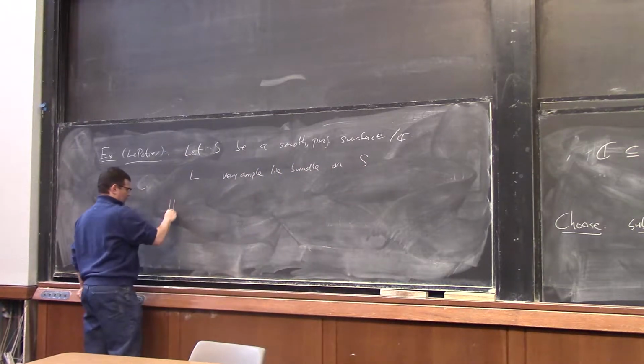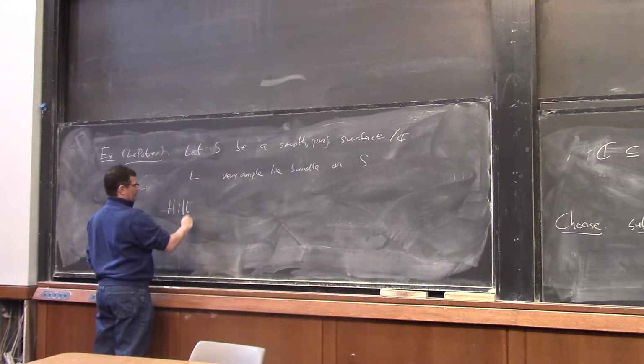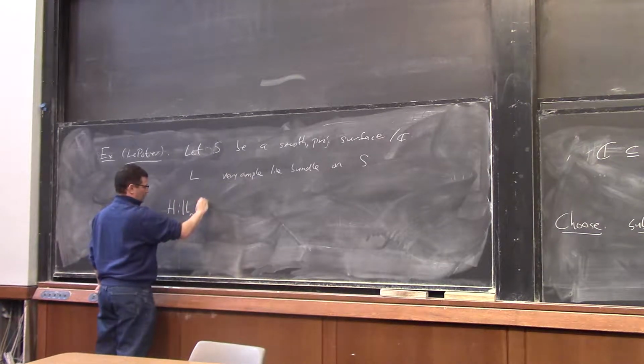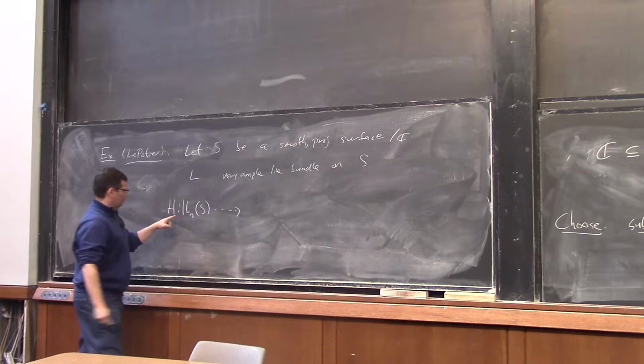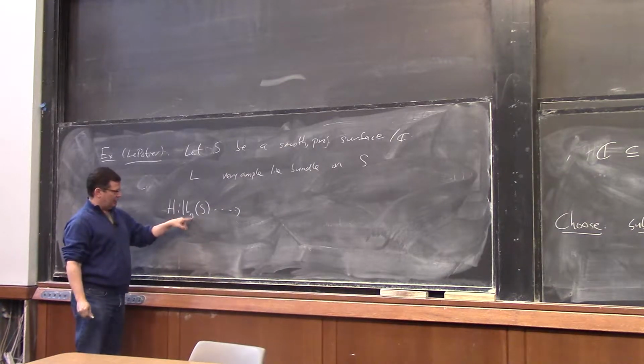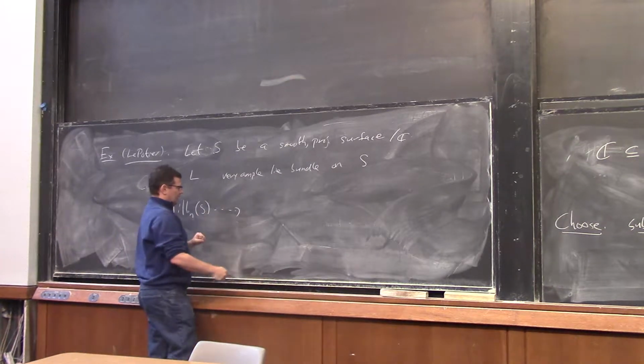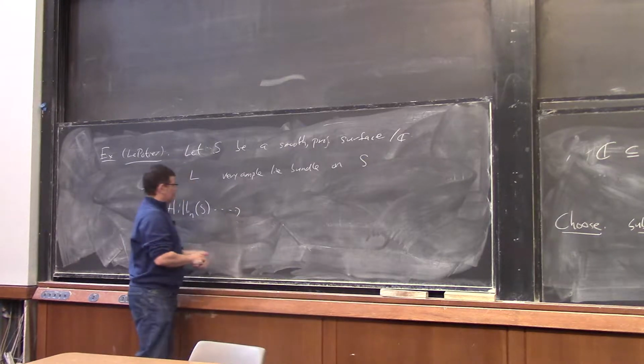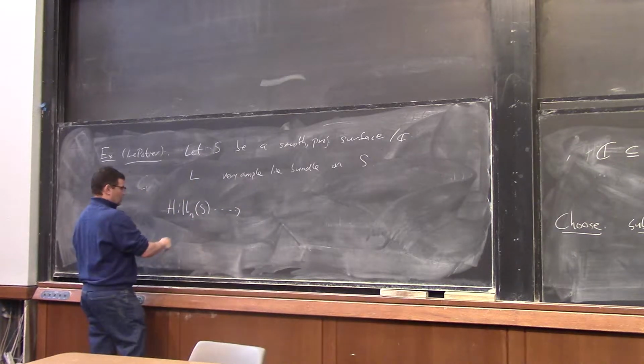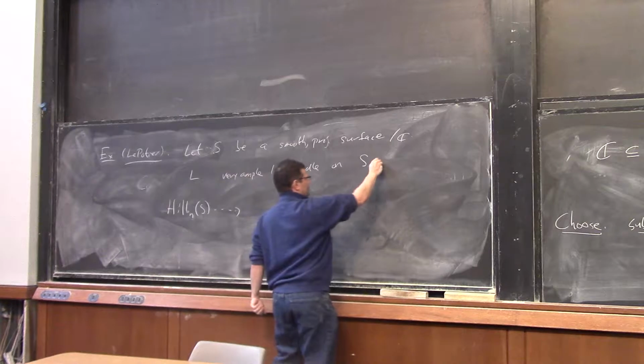Let me consider two maps. I'm going to take a rational map from the Hilbert scheme of points on the surface. I can get a rational map from this. Let me just finish my thought.